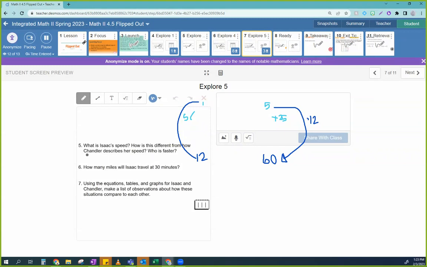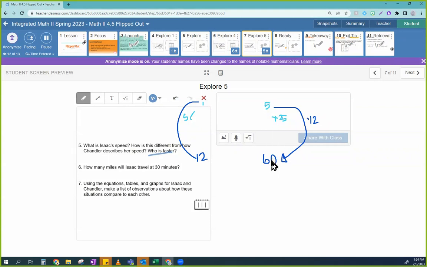When we talk about Isaac's speed, his speed was also 5 minutes per mile. And then we said, who is faster? Well, we had to get to a place where we were able to compare them apples for apples, right?